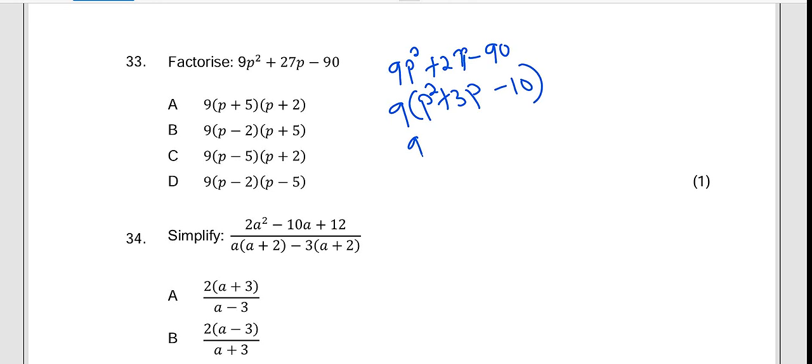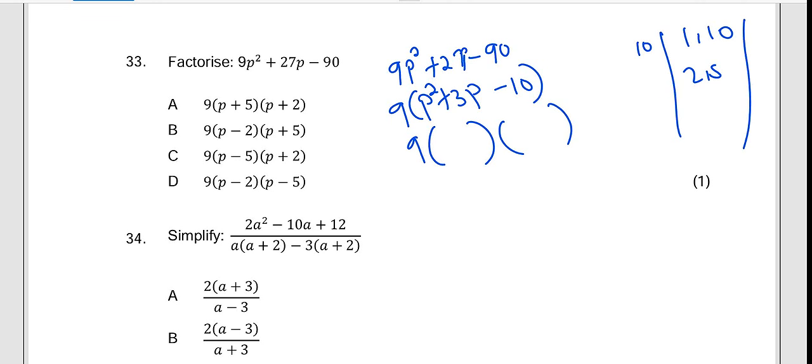And then we are going to look for factors of 10. Factors of 10: I have 1 and 10, I have 2 and 5. 2 numbers that, when I multiply them, must give me -10, and when I add them, must give me 3.